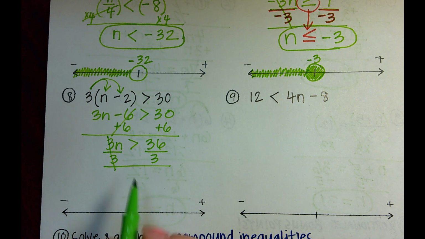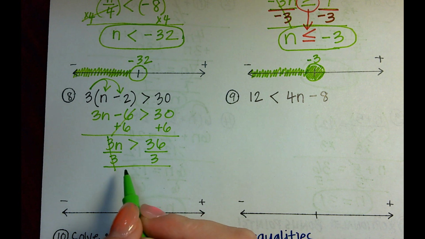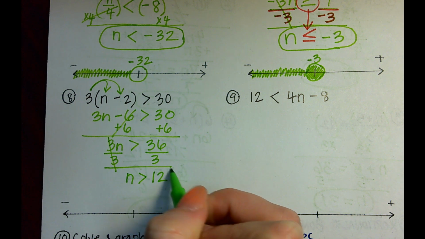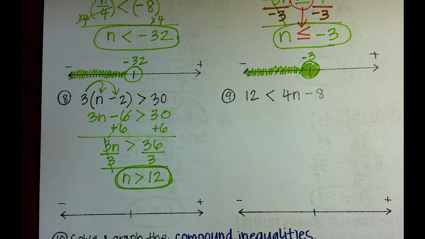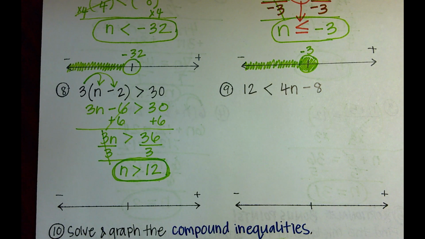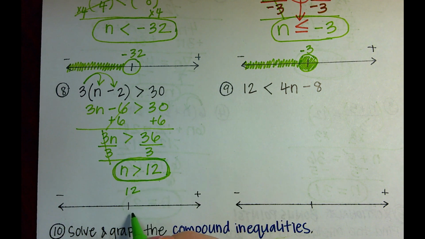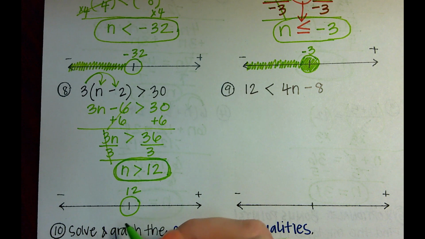And we get n is greater than 12. Perfect, perfect. All right. Put 12 down there. Leave it open. Yes, we'll leave that circle open. And shade to the right.